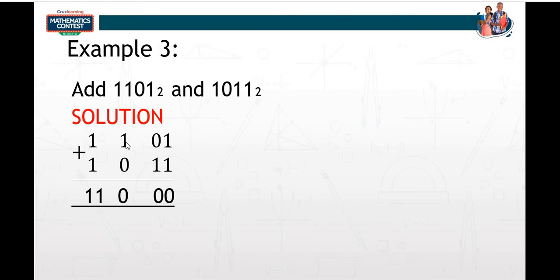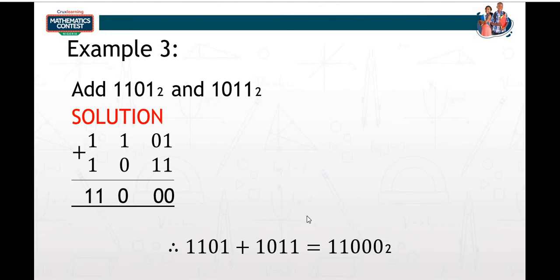Put 0, carry 1 over. 1 plus 1 is 10, plus 0 is 10. Put 0 here, carry 1 over, 10 plus 1 is 11. So 1101 plus 1011 equals 11000 base 2.